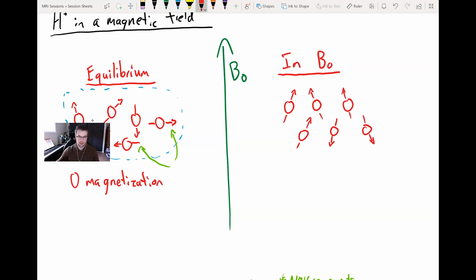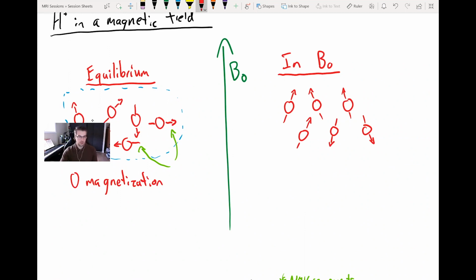The secret reality is that there are still hydrogen atoms in all orientations, like we have on the left here, but they're still randomly distributed, canceling each other out, except for this excess of spins that are oriented up or down. So we really only care about those ones. So that's a little nugget of secret wisdom if you want to remember that. But if that's a little bit too high level, just remember that hydrogen atoms in the B0 field tend to be oriented up or down.